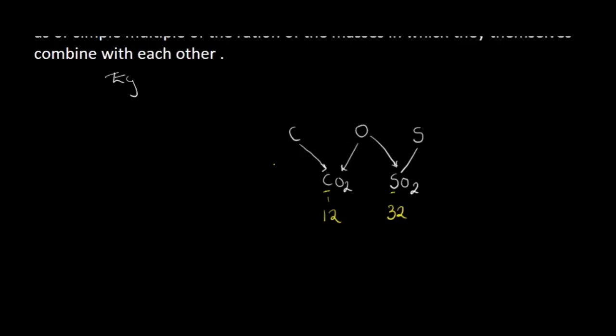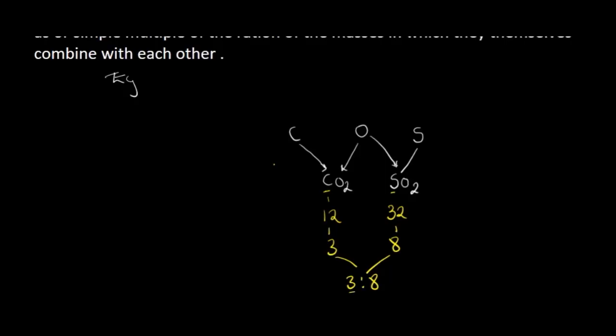If we break this down, 12 divided by 4 gives us 3. 32 divided by 4 gives us 8. It means that the ratio is 3:8.